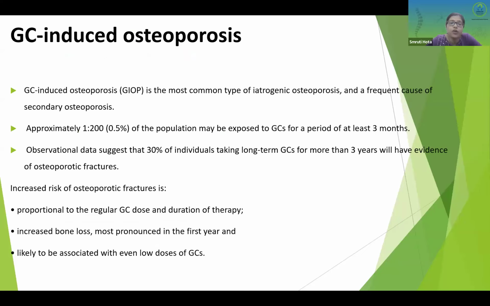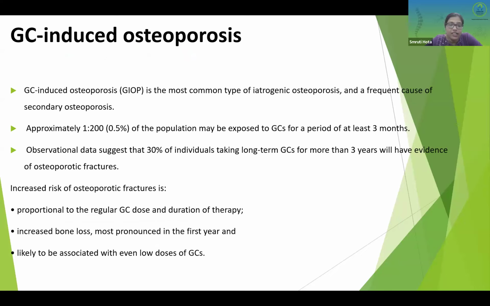Then coming to glucocorticoid-induced osteoporosis. This is the most common form of iatrogenic osteoporosis, yet it is frequently overlooked by many physicians, especially in our case. Approximately 1 in 200 people will be exposed to glucocorticoid for at least 3 months. Among long-term users, up to 30% will suffer fracture, many of them vertebral and silent.